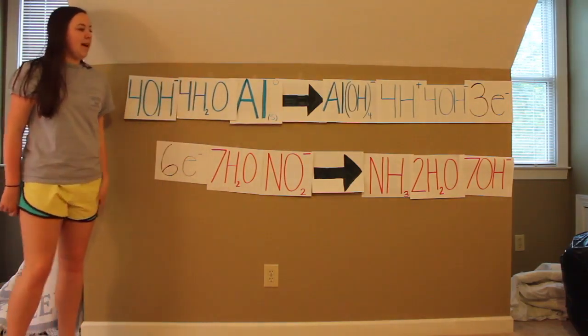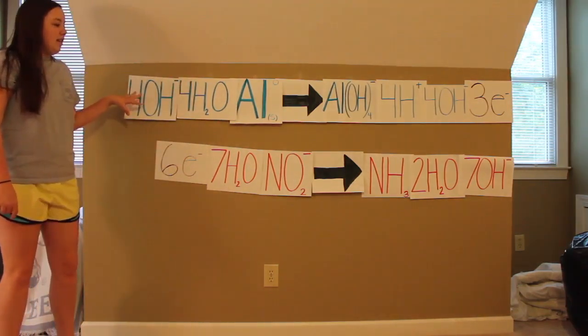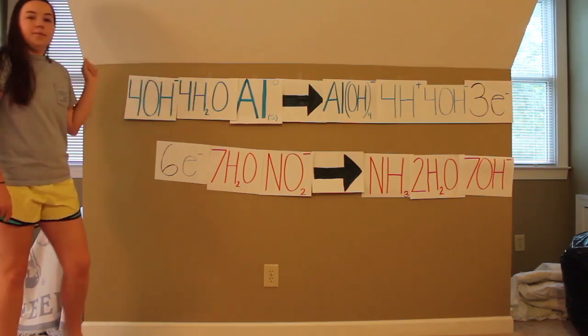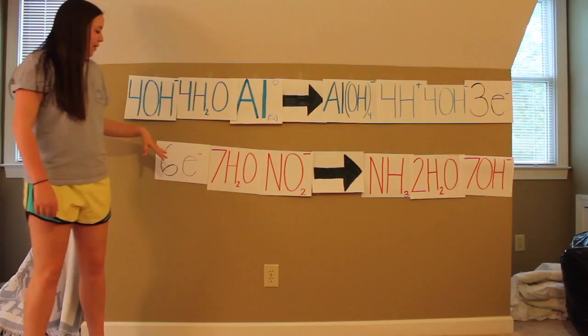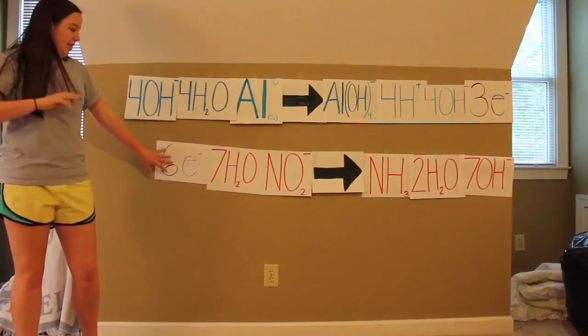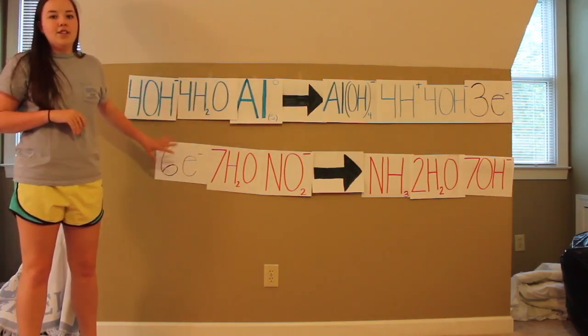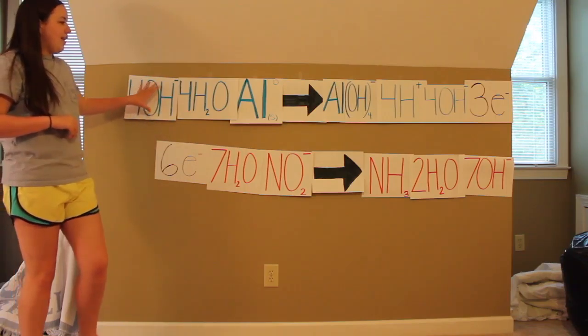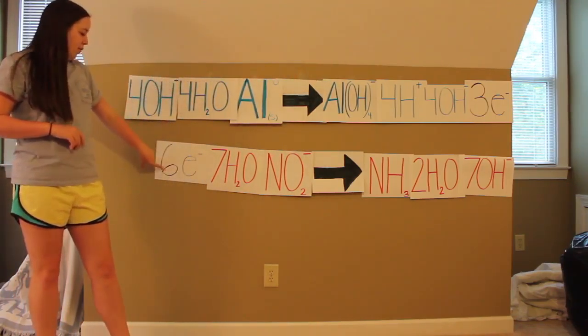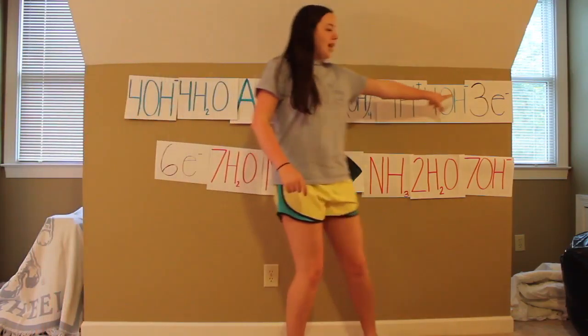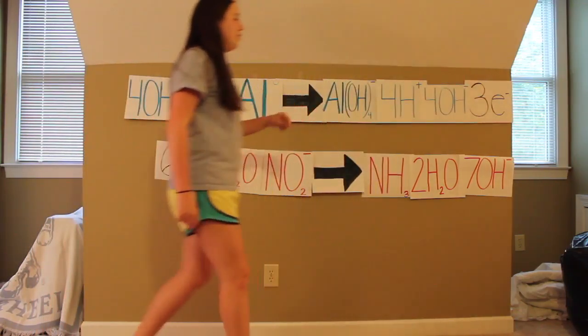Okay, now everything is balanced in each reaction, but we need the amount of electrons in both half reactions to be equal. So we need to multiply the above oxidation half reaction by 2, because we have 6 electrons here and only 3 here. So we're going to do that real quick.